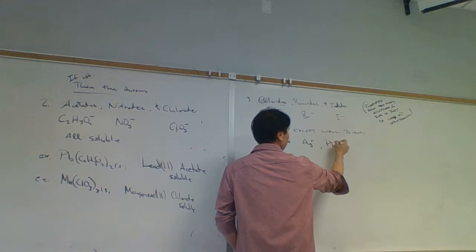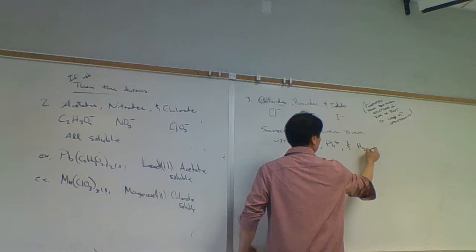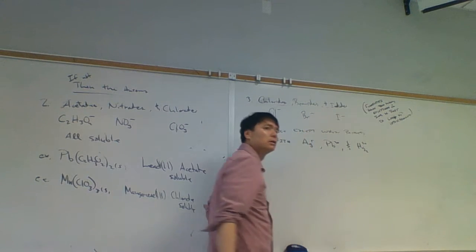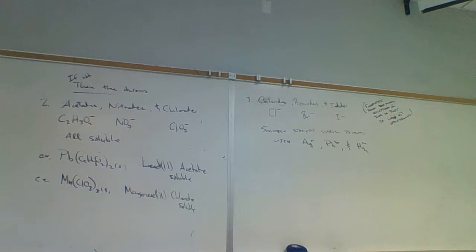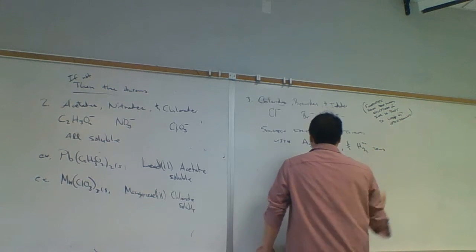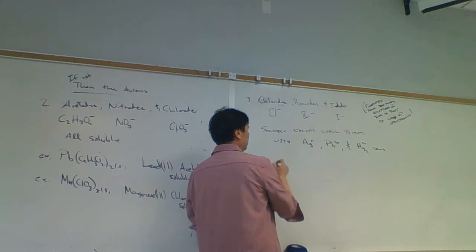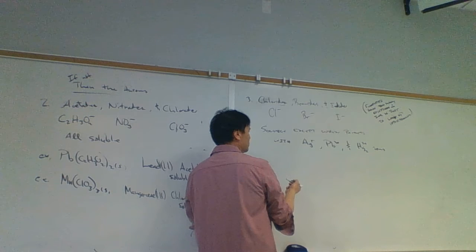Pb2 plus, lead 2, and Hg2 2 plus. It's called mercury 1. So, except when paired with silver, lead 2, and mercury 1 ions. And so that means when they're paired with these ions, we say it's going to be insoluble.